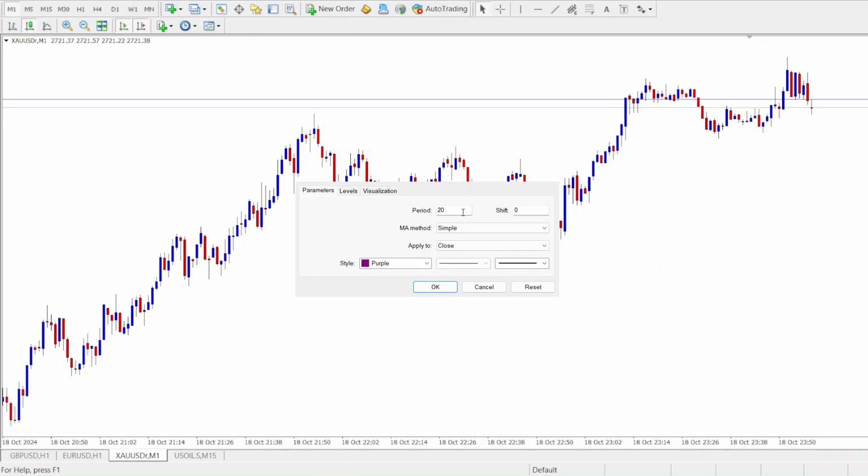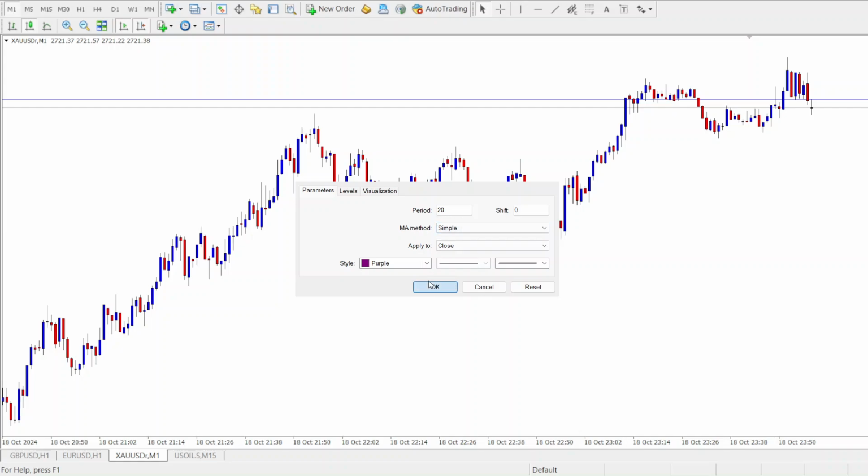Because a 20 period SMA sums the last 20 closing prices. If you are using apply to close, it sums the last closing prices and divides by 20. It gives equal weight to all prices.